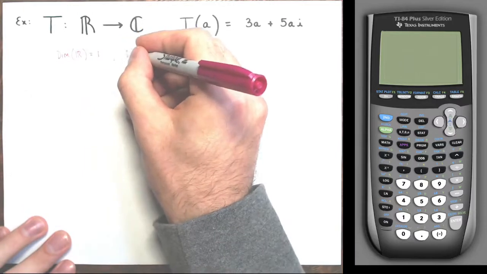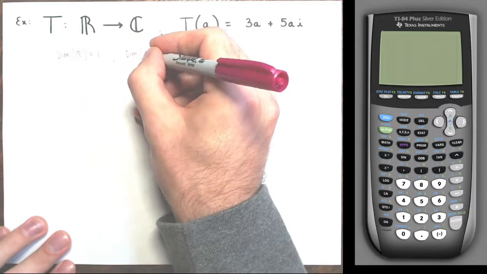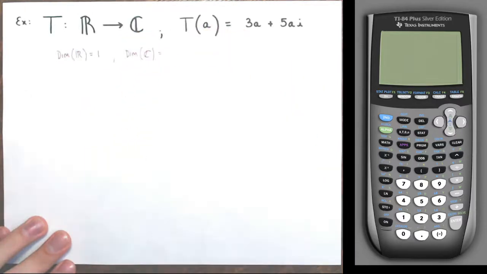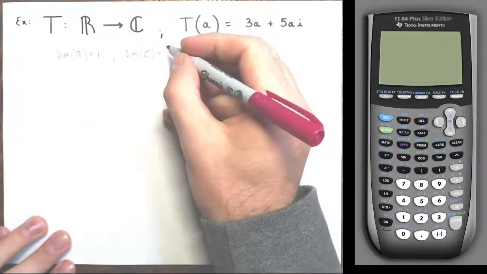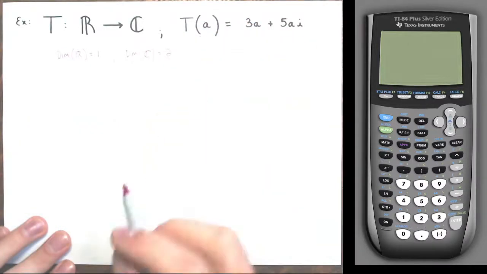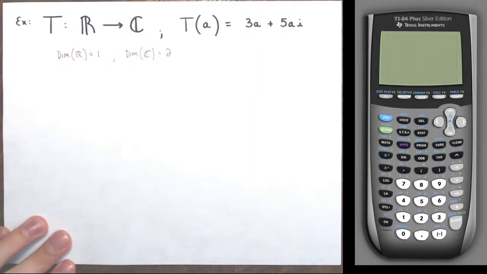Now the dimension of the complex numbers, we've seen this before, right? The standard basis for the complex numbers were the numbers 1 and i, right? Because every complex number can be written as a real times 1 plus a real times i. So that has dimension 2, the complex numbers.